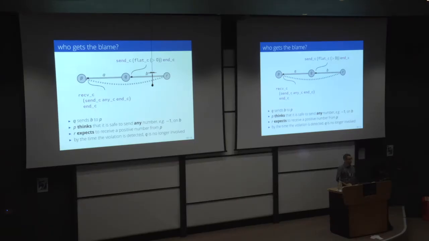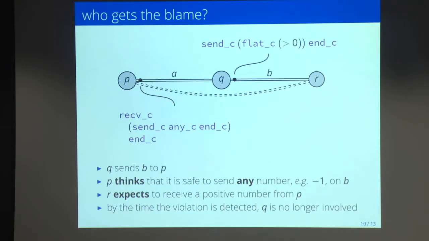So here we have an example with three processes, P, Q, and R, which are connected by two sessions, A and B. If you observe the contracts, you see that P will receive from Q a session endpoint on which P is allowed to send anything.